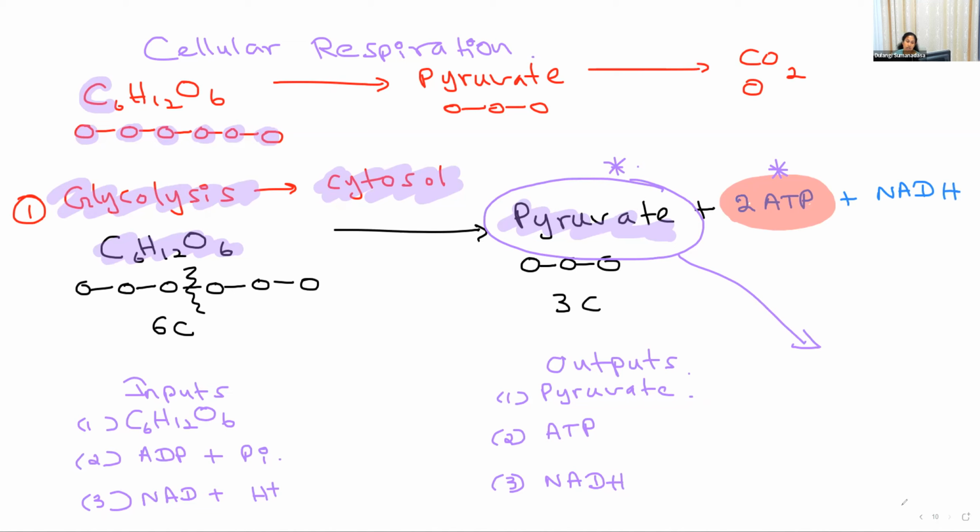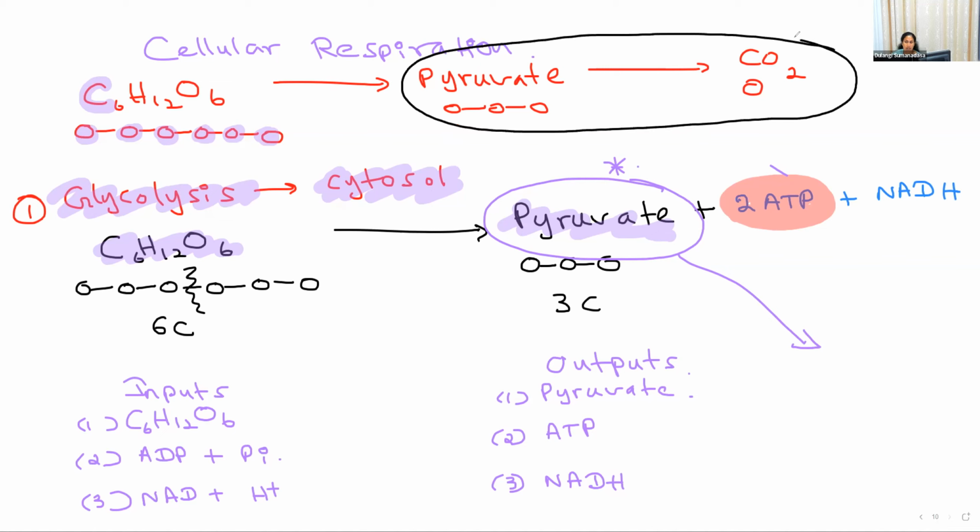So let's go to the mitochondrion matrix. So I'm taking the pyruvate towards the mitochondrion matrix, right? So still we are in the cytosol. So let's go to the mitochondrion matrix. Right, and then we're going to break down the pyruvate until it becomes carbon dioxide.